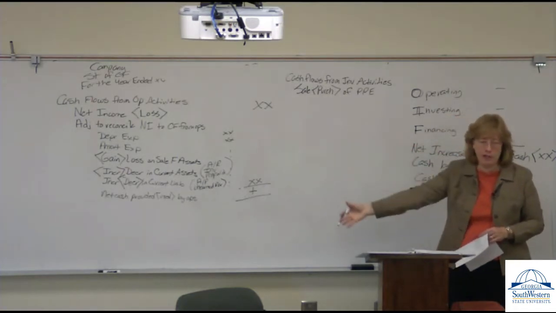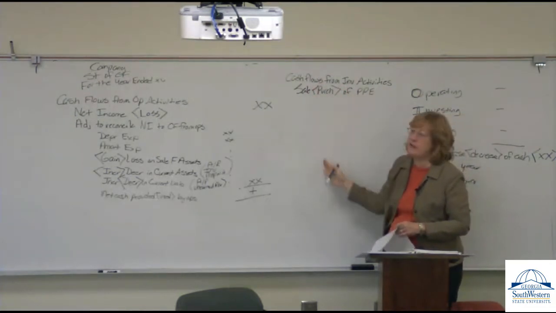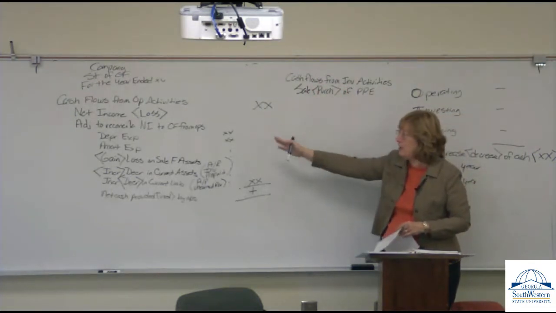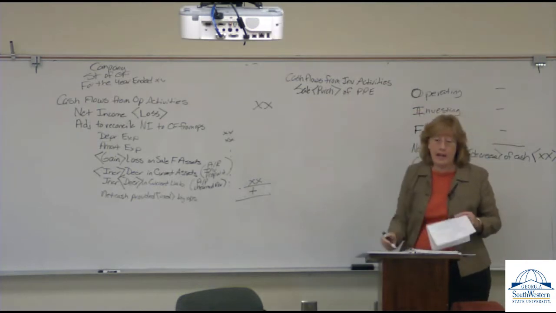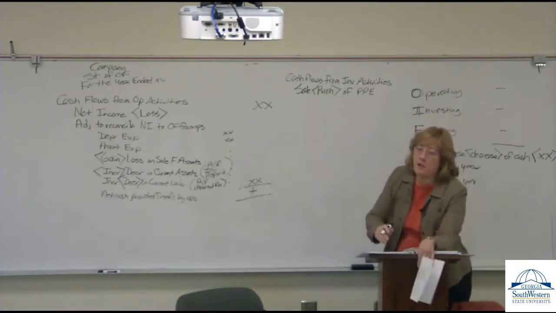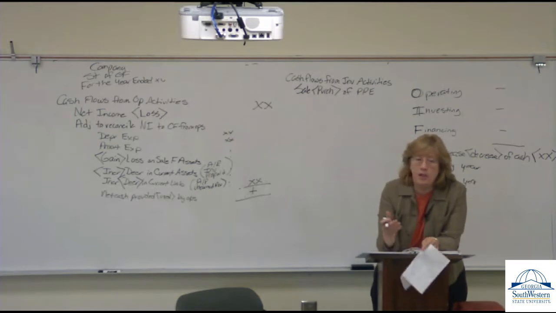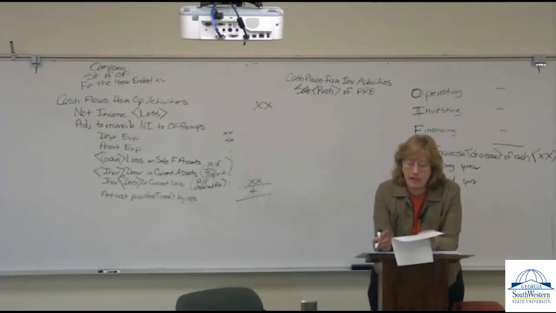So from here on out, it's a little bit easier to see what's positive and what's negative. Outflows of cash are negative. Inflows of cash are positive. Okay, so when you sell a piece of equipment, you get cash. When you buy a piece of equipment, you spend cash. So that's the positive and negative thing of it.